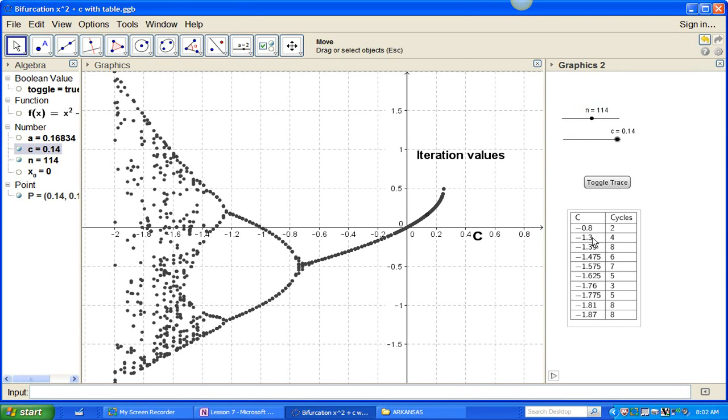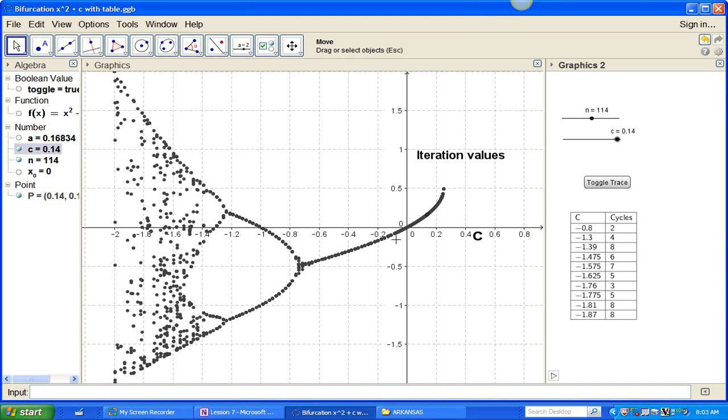Okay, right here at negative 1.3, see that? We have a 4 cycle: 1, 2, 3, 4. And this whole region we can see is 4 cycles from about negative 1.39 to negative 1.25. Remember, that's the bifurcation point. Here was the first bifurcation at negative 0.75.